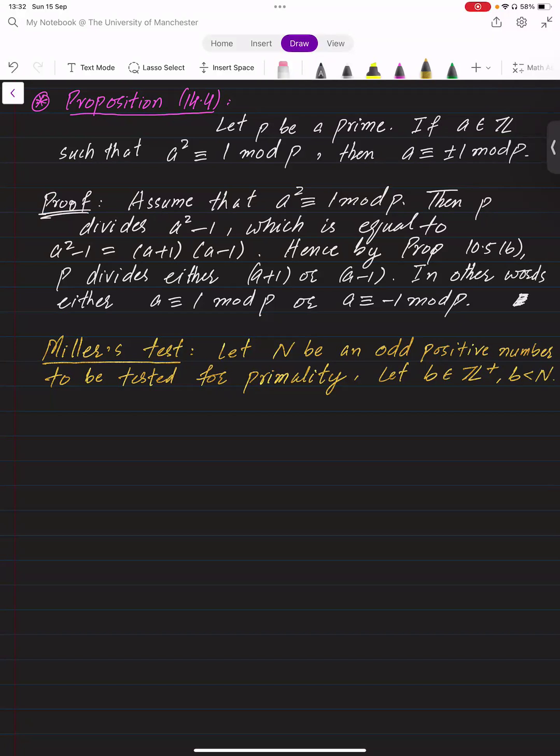First, test whether b^(n-1) is congruent to 1 mod n.